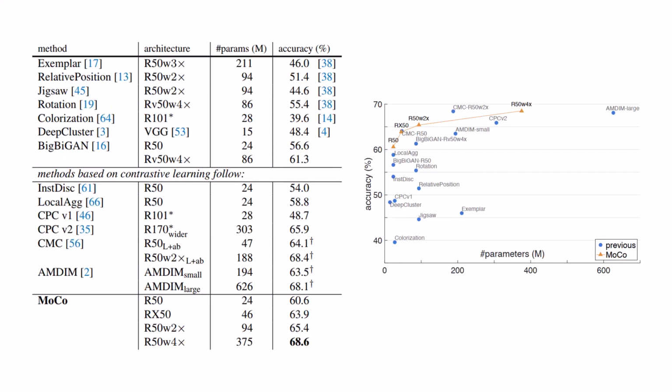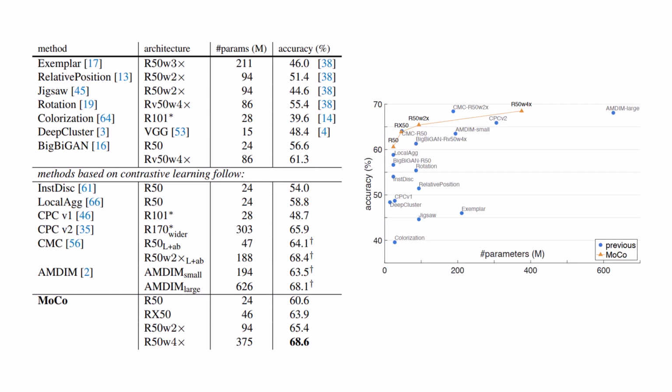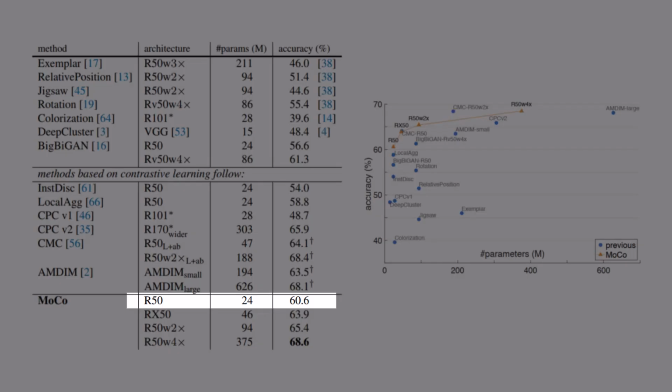And while looking at the result, we can see that these are all unsupervised learning for the task of image classification on ImageNet, which is interesting because by applying momentum contrast in an unsupervised way for ImageNet that has 1000 labels of this image, we can get an accuracy of 68.6 when we are having ResNet 50 wide 4 as our backbone. But for the case of using a regular ResNet 50, it is 60.6.